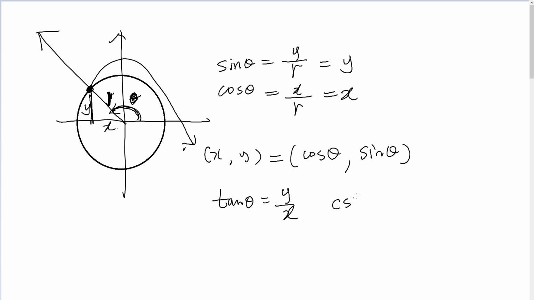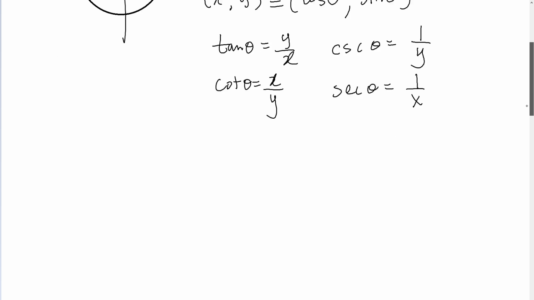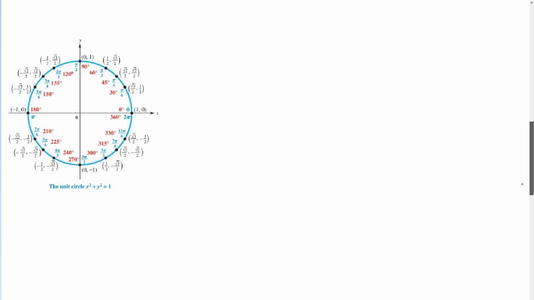And cosecant theta will be 1 over y. Secant theta will be 1 over x. Cotangent theta will be x over y.